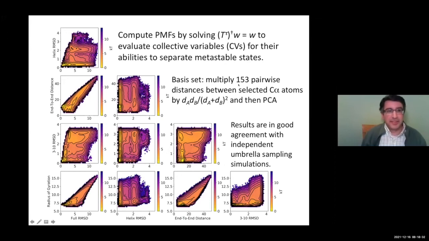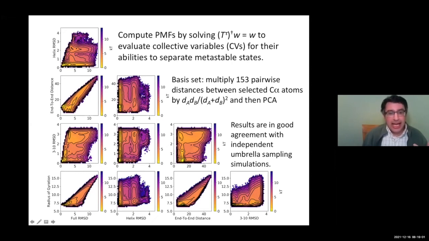We choose 153 pairwise distances between select C alphas over the sequence. And then the basis functions have to satisfy the homogeneous boundary conditions. And so we multiply by the distance to states A and states B. So that takes those functions to 0. And then we do some PCA basically to, in essence, order and orthogonalize the basis. Okay.